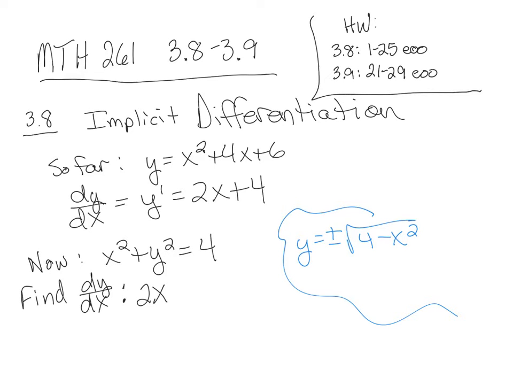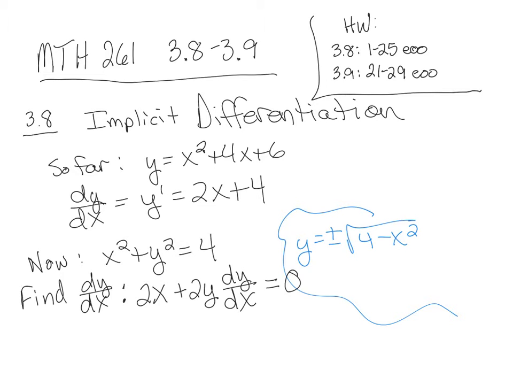But for now when we take the derivative of y squared, it's 2y, except that all of this stuff is inside the y, so we have to chain rule the derivative of y with respect to x. And we have an equation here, so we have to take the derivative of both sides of the equation, and the derivative of 4 is 0.